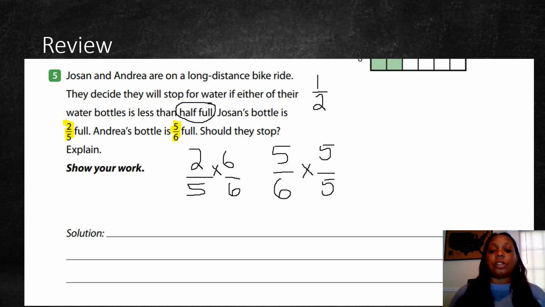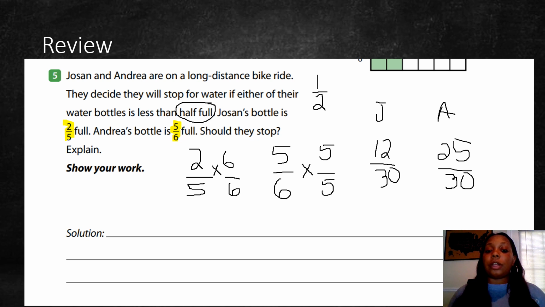Our new fractions are now going to be 12/30, and so that's Josanne has 12/30. I'm going to put a J here. And Andrea has 25/30. Now I can compare these fractions to 1/2 to see if either one of them has less than 1/2 a bottle of water.